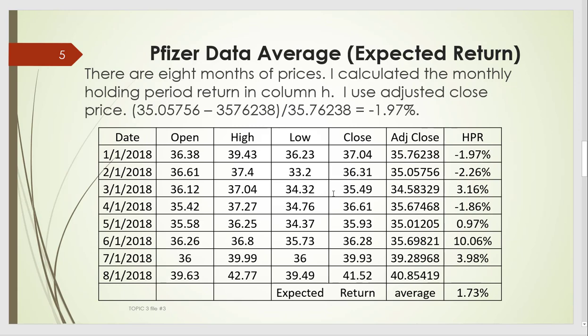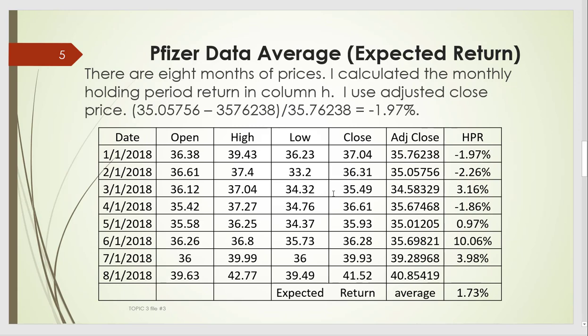I'm going to take the 3505 minus the 3576 and divide it by the 3576, and I'll say that the return went down by 1.97%. I repeat that calculation down the Excel sheet, and you'll see a whole list of holding period returns.